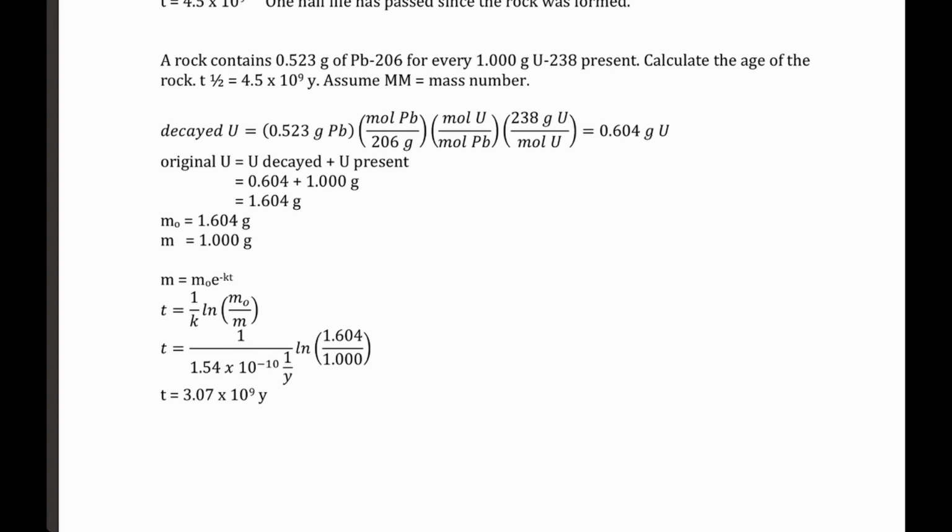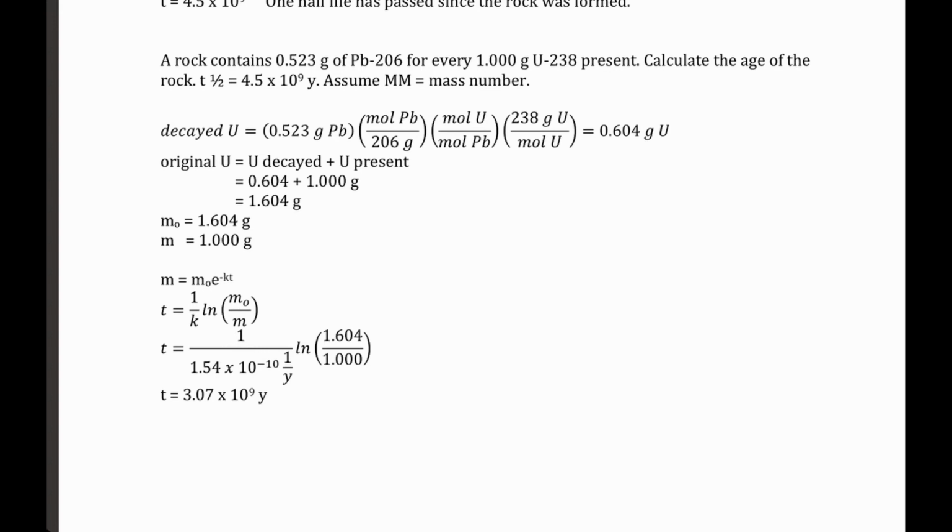So we have to convert from mass of lead to mass of uranium, taking into account the molar mass of the lead as well as the molar mass of the uranium.